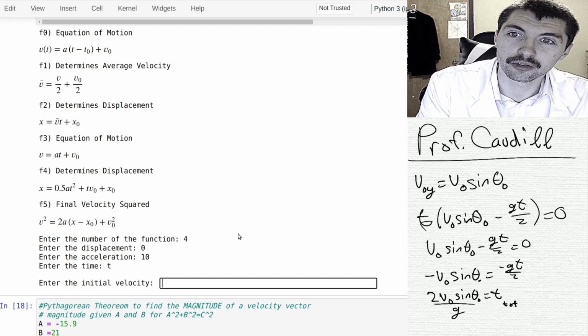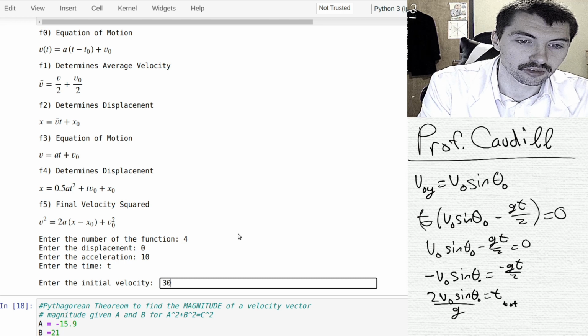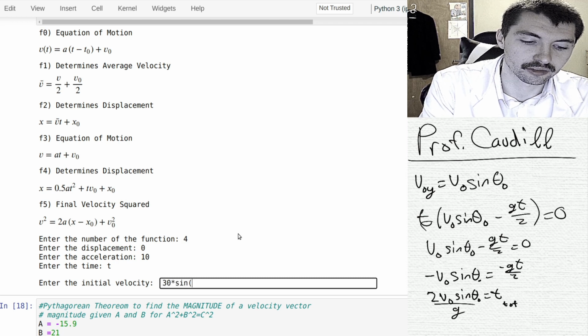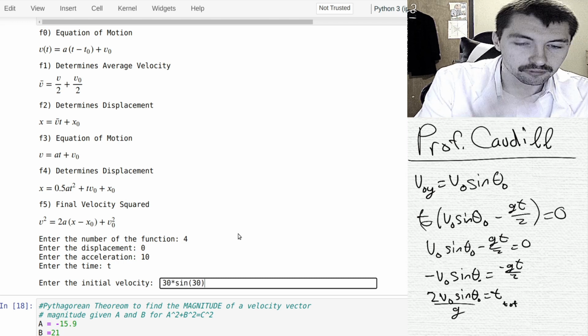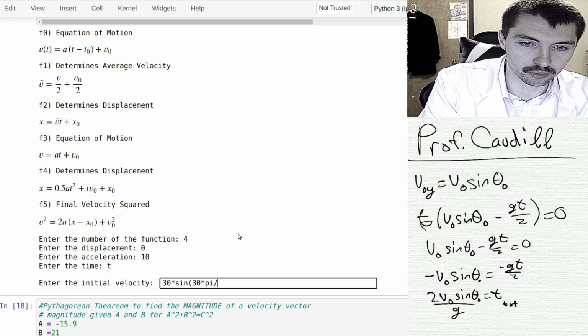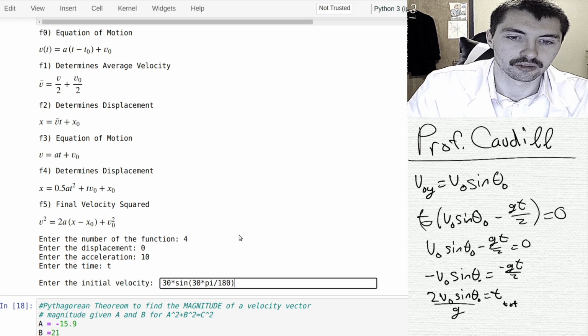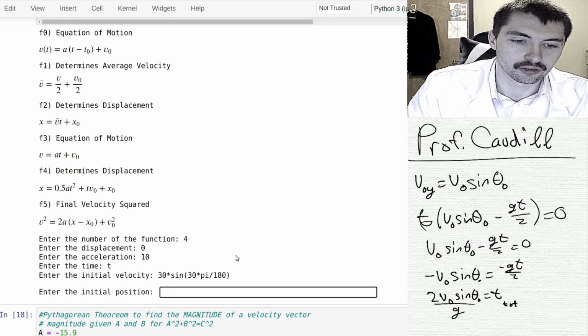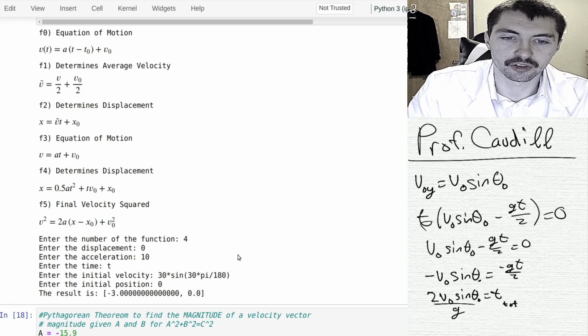That's an arrow, but we want to break that arrow down into component form, and we want to solve just for the y. So that would be 30 times sine of 30 degrees, but times pi over 180. So we get something like that.